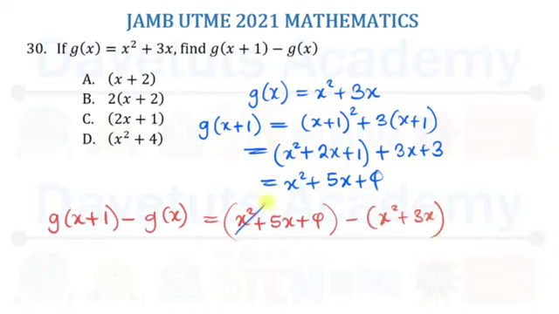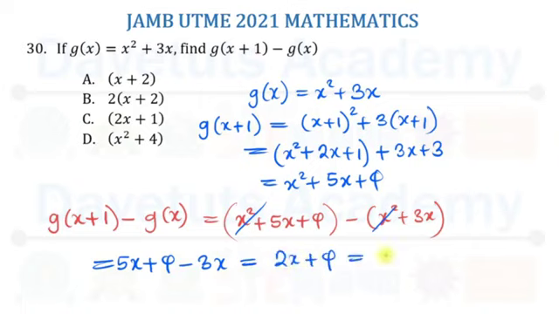So X squared cancels, we have 5x plus 4, then minus 3x, and 5x minus 3x is 2x, plus 4. So 2 is common to both. We have 2 into x plus 2. Looking at the options that we have, 2 into x plus 2 is the correct answer to this question.